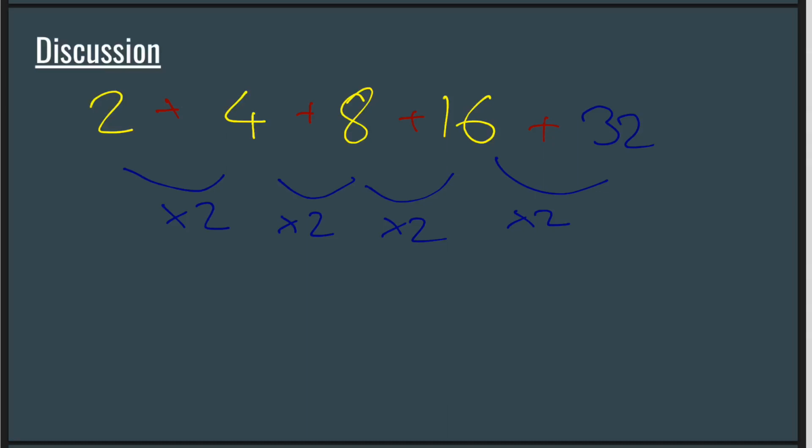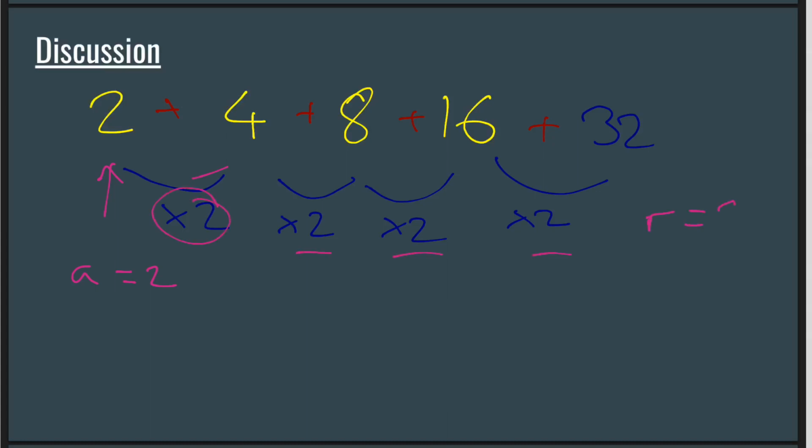What's quite interesting here is the following. This here I'm going to call a, my first term. A bit like you have done in arithmetic progression. If you've not done arithmetic, it's a sequence, but instead of timesing by 2, we add 2. So anyway, the first term, a, is 2. The next one, we're going to times by 2 each time. That's called our common ratio.